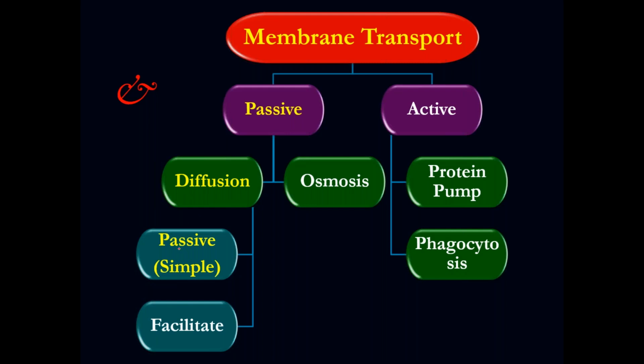In passive diffusion you're going to see basically the gas exchange, carbon dioxide and oxygen. Facilitated diffusion is going to be the absorption of carbohydrates, monosaccharides, lipids, and amino acids.